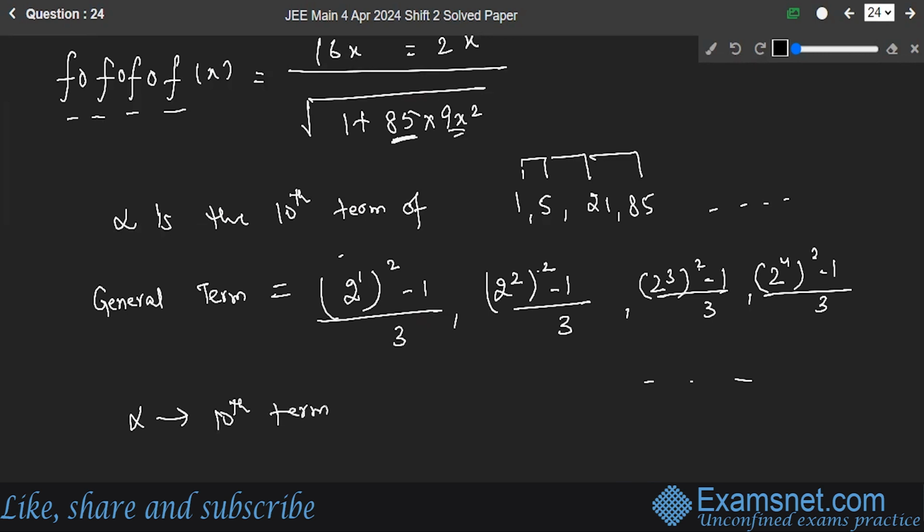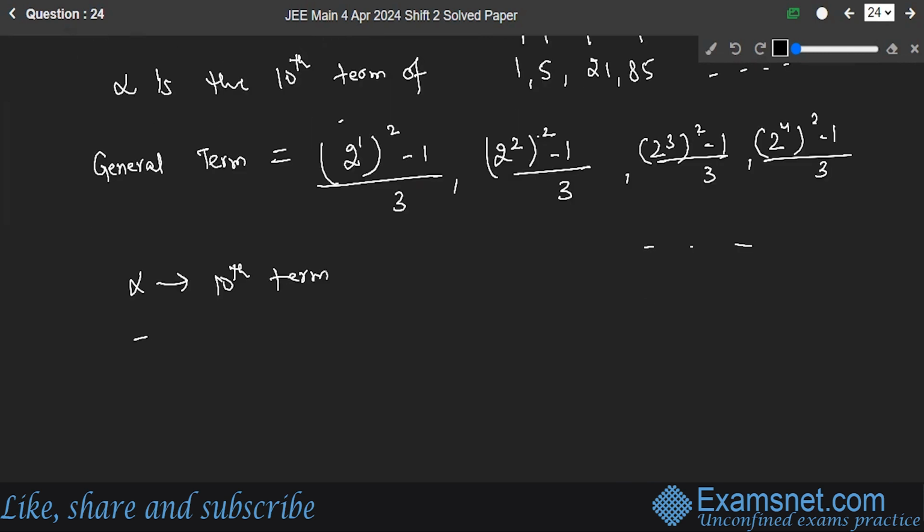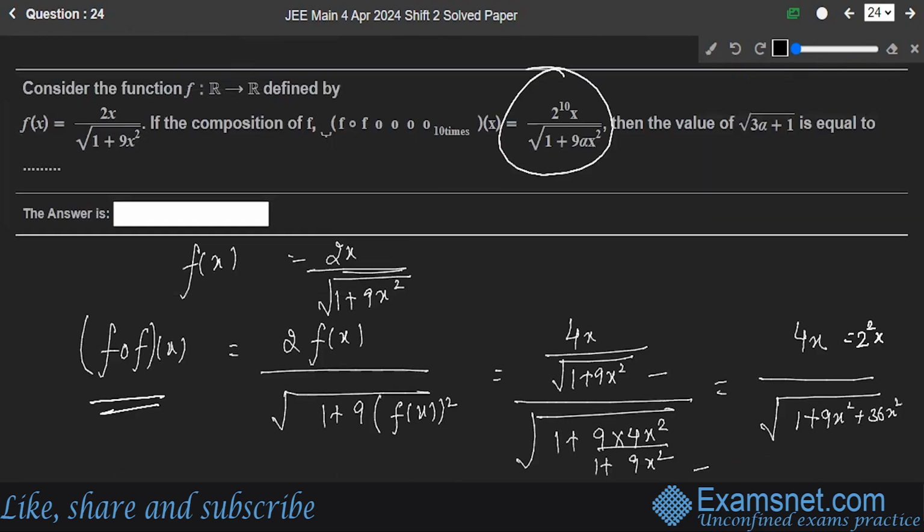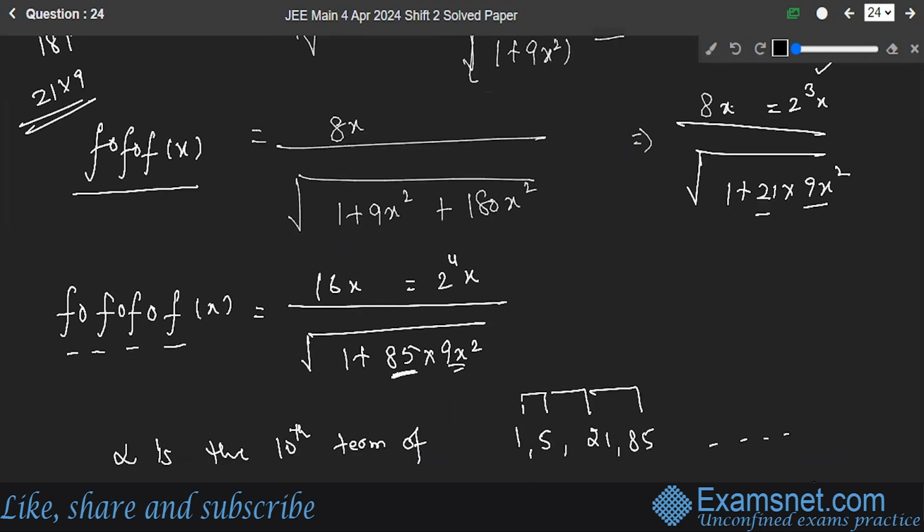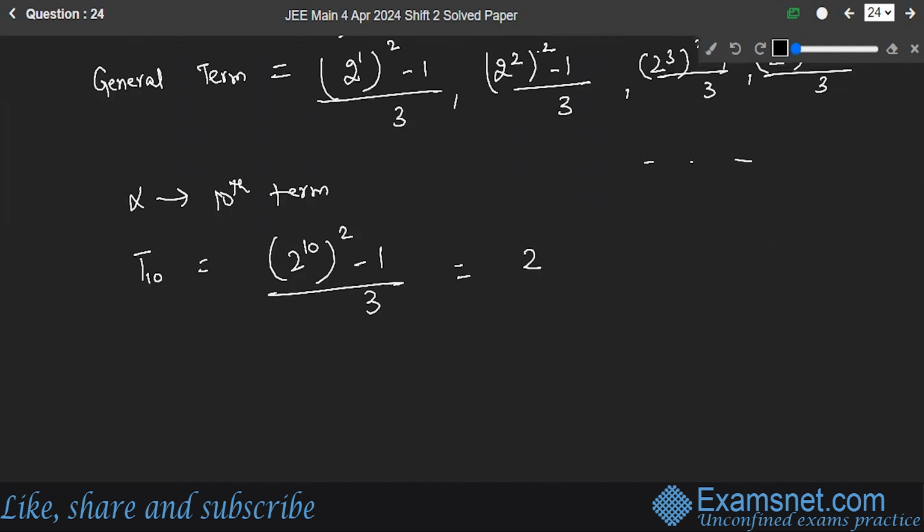Correct? So the 10th term will be given by 2 part 10 square minus 1 upon 3. Now let's compare it with the given one. This was given to you 2 part 10x upon this. Wait, it was 2 part 10x upon this thing, correct?